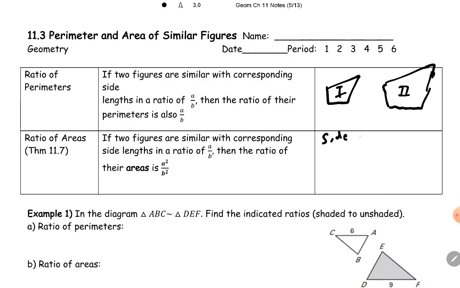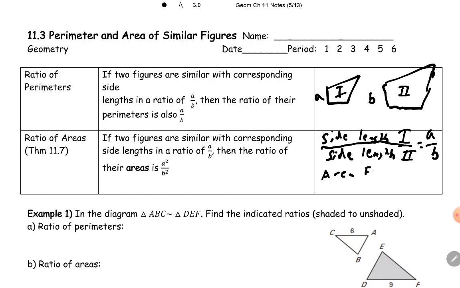So if we have a side length of figure 1, and we take the similar side length of figure 2, let's call those A and B. The ratio of their areas, area of figure 1 over the area of figure 2, would equal A squared over B squared.